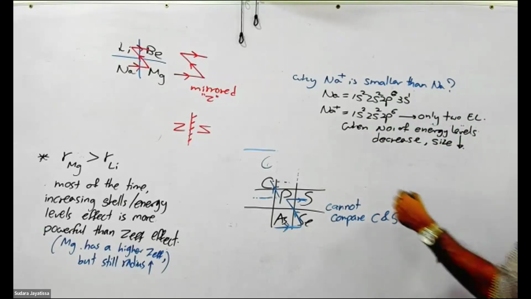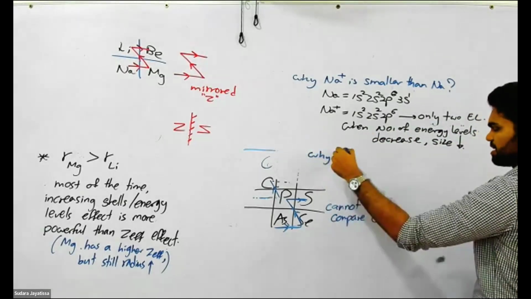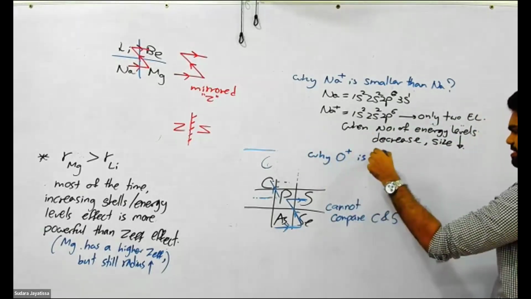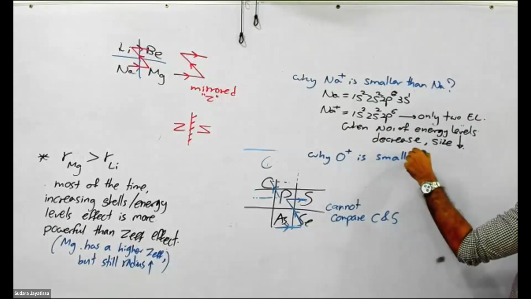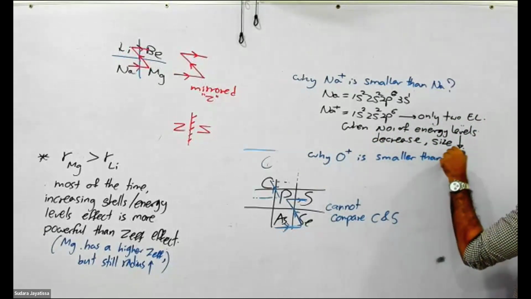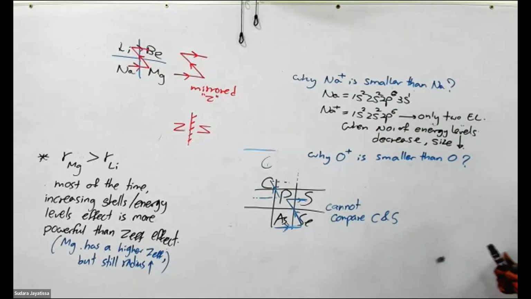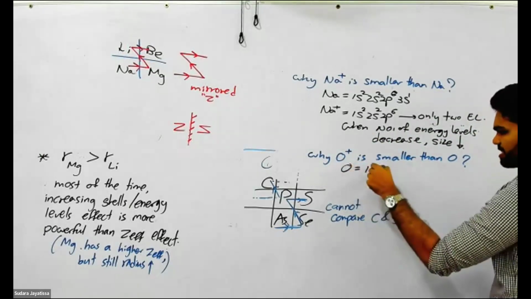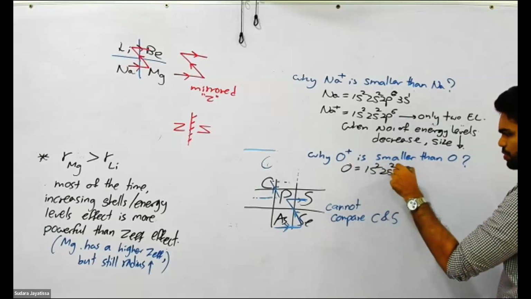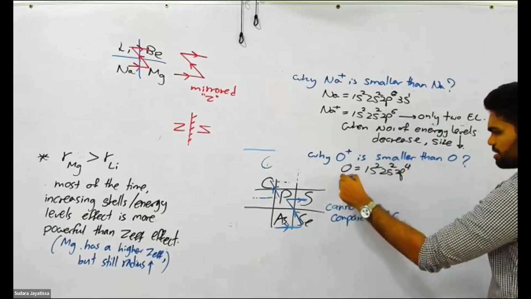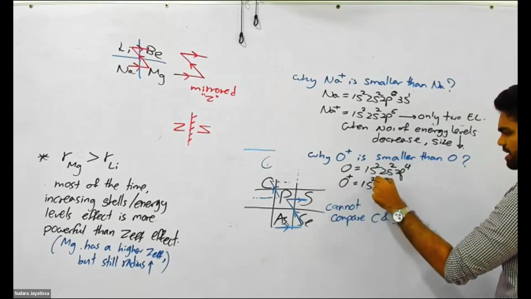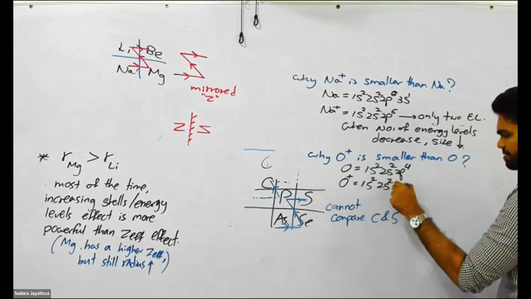So what if I ask this question? Why is oxygen plus smaller than oxygen? Then you can't say it is about the shells. You take the oxygen electronic configuration, 1s2, 2s2, 2p4. The oxygen plus electronic configuration is 1s2, 2s2, 2p3.